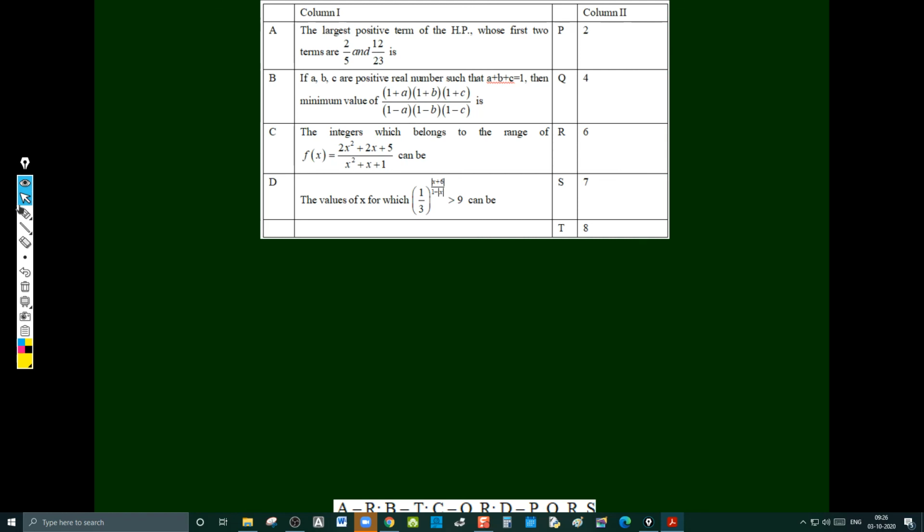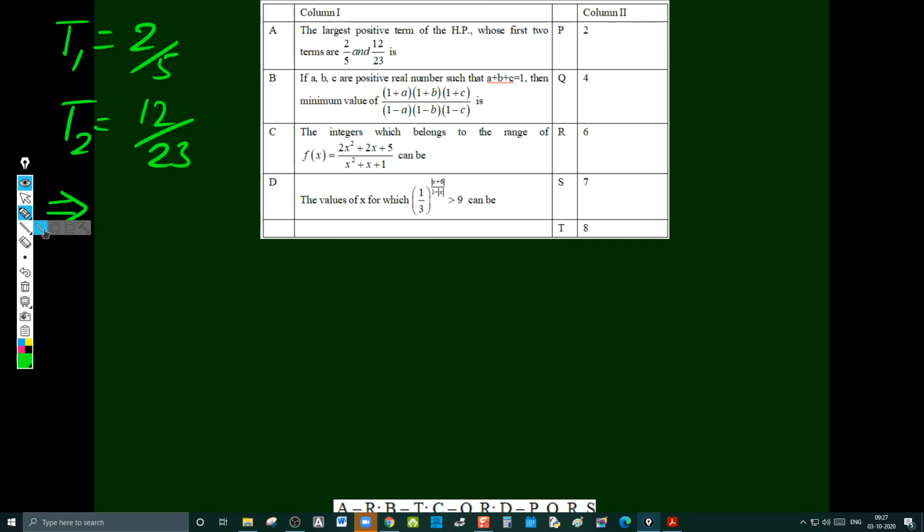T1 is given 2 by 5 and T2 is given 12 by 23, which implies D is equal to 23 by 12 minus 5 by 2. Correct or not? Reciprocal, D of AP.